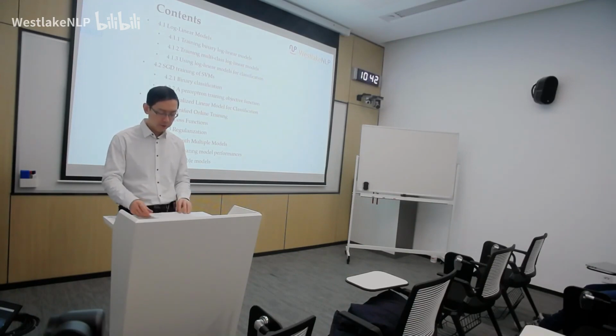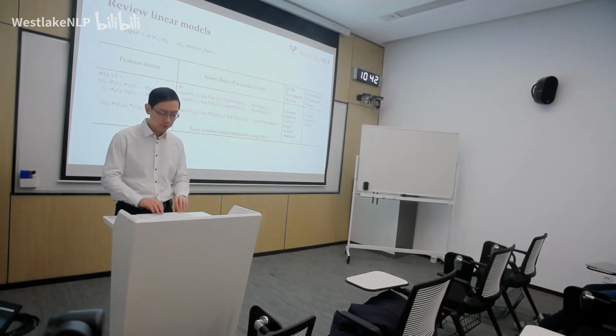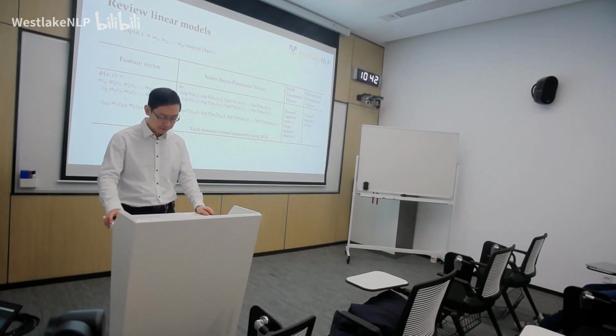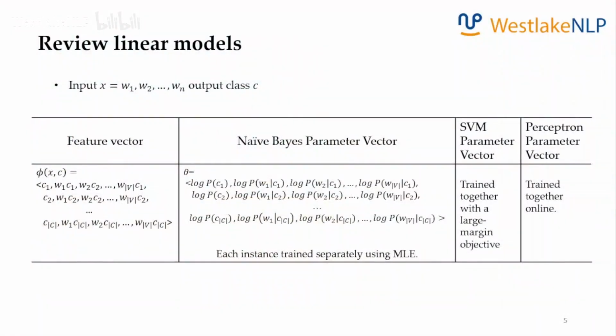Okay, so first of all, before we introduce our new linear model, let's take a recap of the linear models we have learned. From last week, we unified all these models into the same form. You can see the features that we extract can be represented by a long vector, phi.